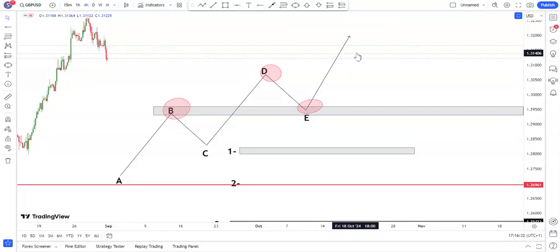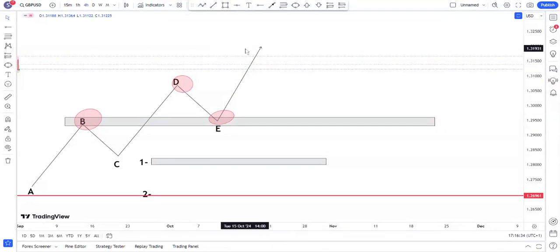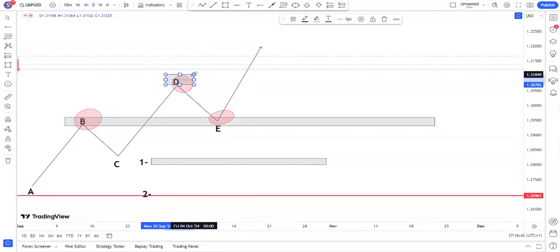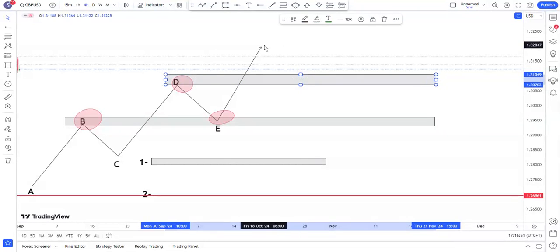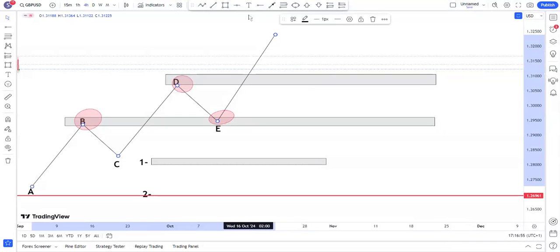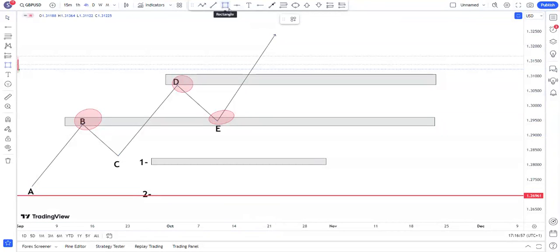So let me use the last diagram. This point D is the previous resistance, right? This is previous resistance. So if I take my rectangle and extend it to the future, this is the present point where the market is. Let me put a rectangle at a resistance.